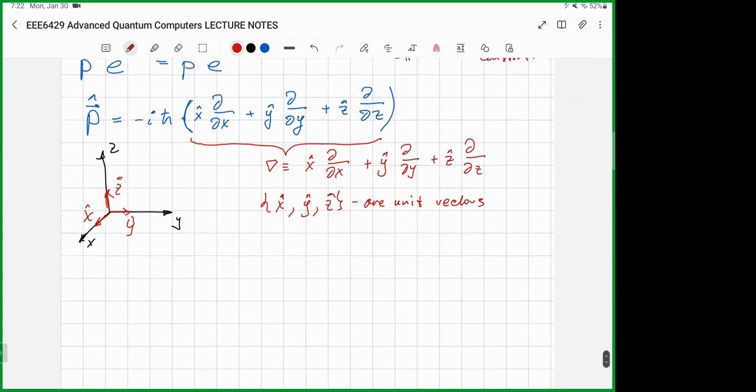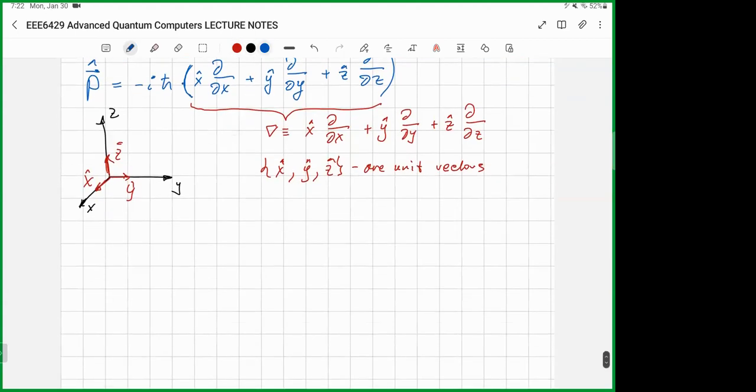Using this nabla operator, we can write this formula in a simpler notation: the momentum operator is equal to minus i h bar nabla.